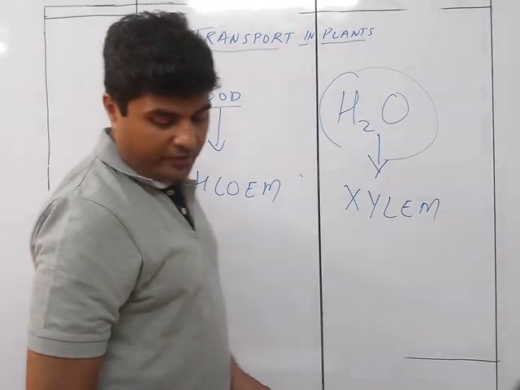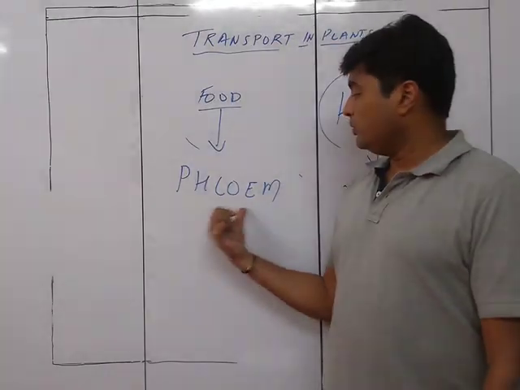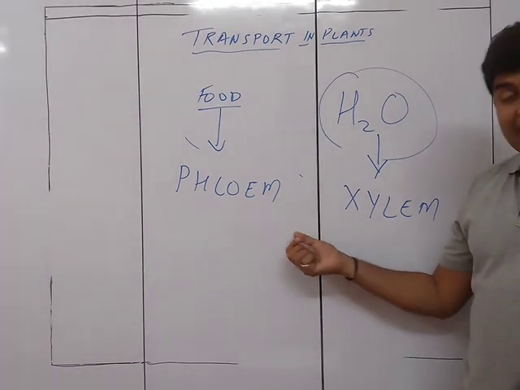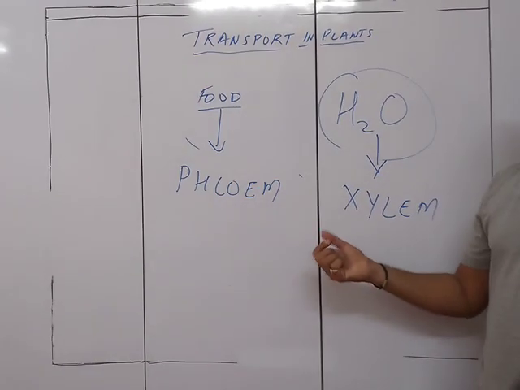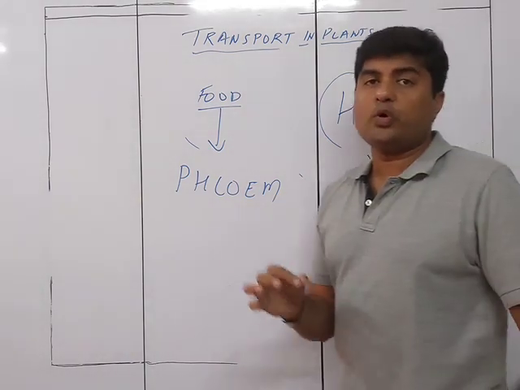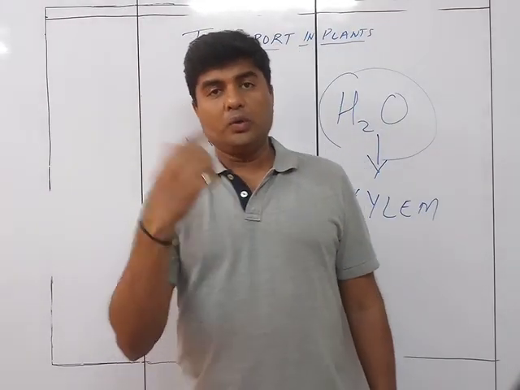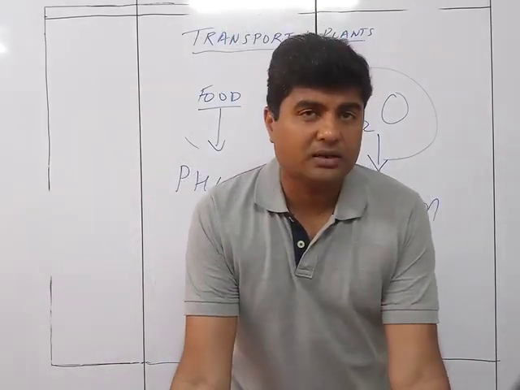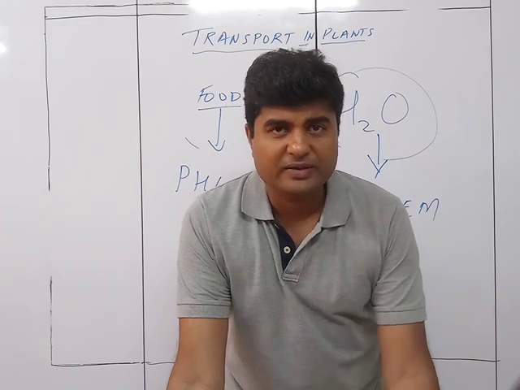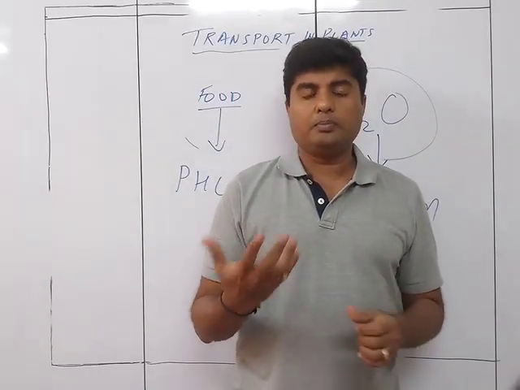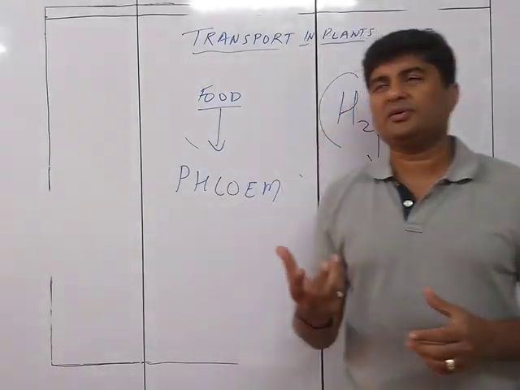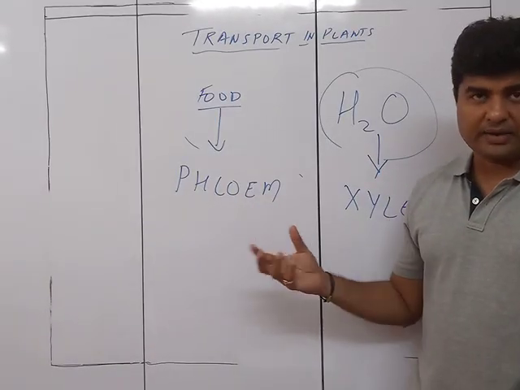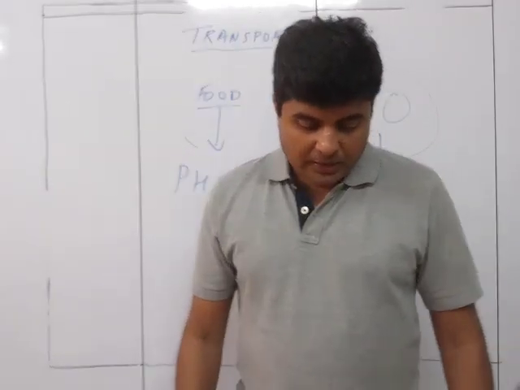Xylem and phloem are the two vascular bundles, or two kinds of conducting system, which help the plant transport food and water within the plant. They are called vascular bundles because they are made up of vessels, which are kinds of cell tissues.